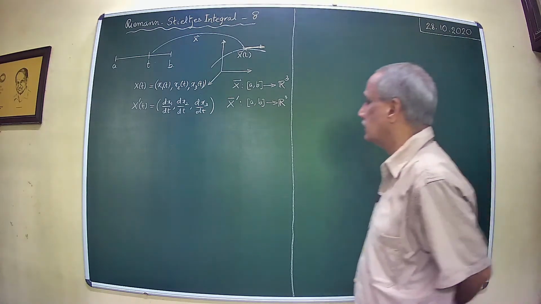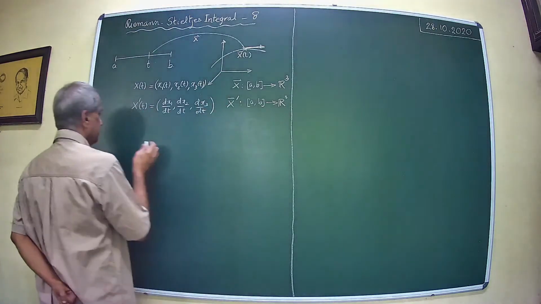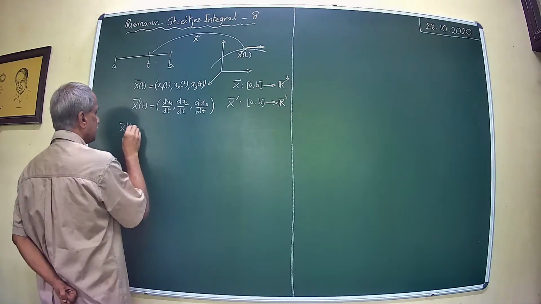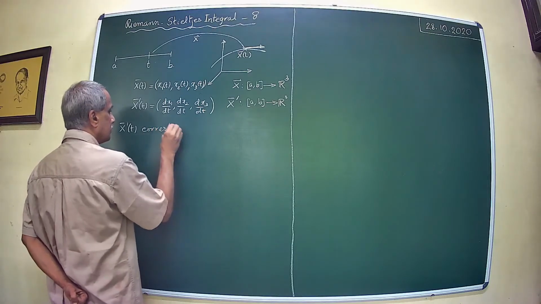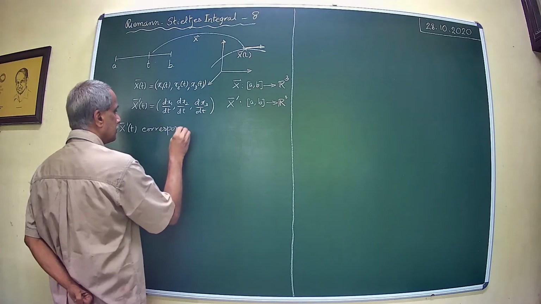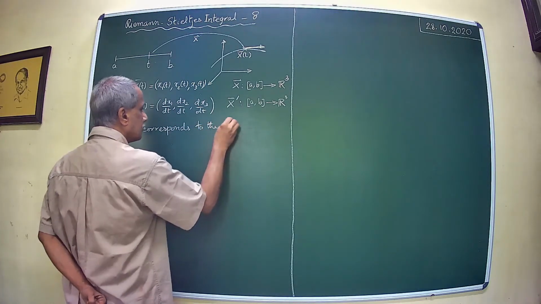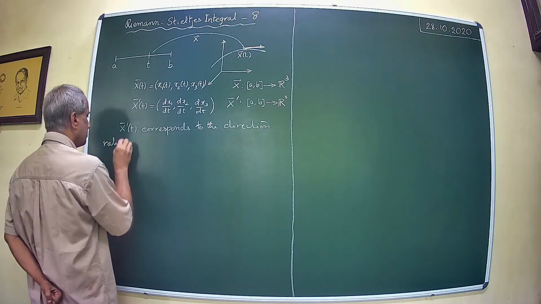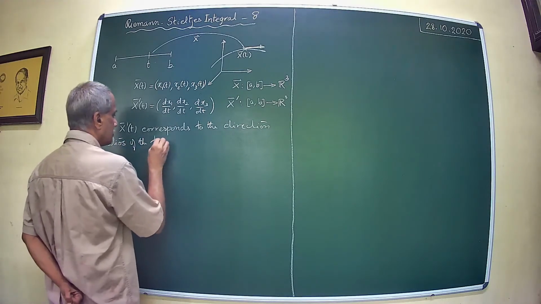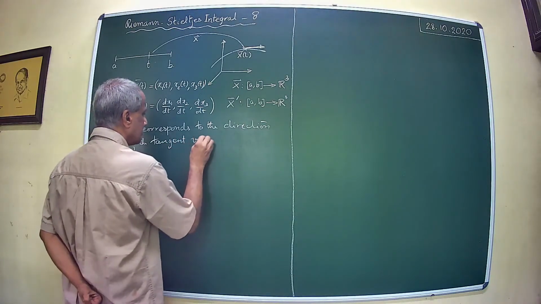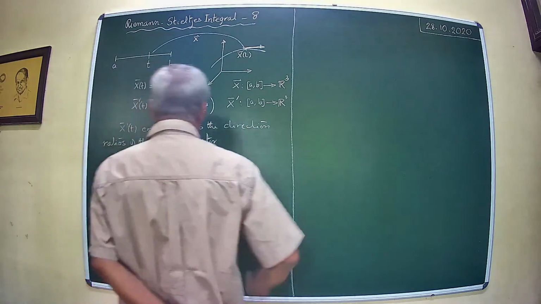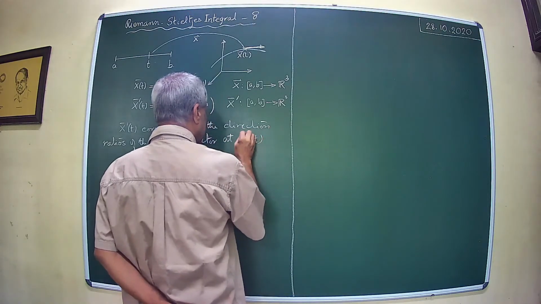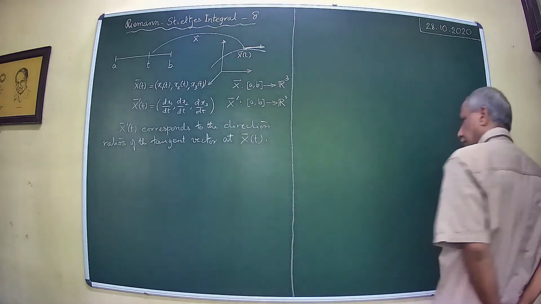In fact, it gives the direction ratios of the tangent vector at the point x. This is the geometric interpretation.